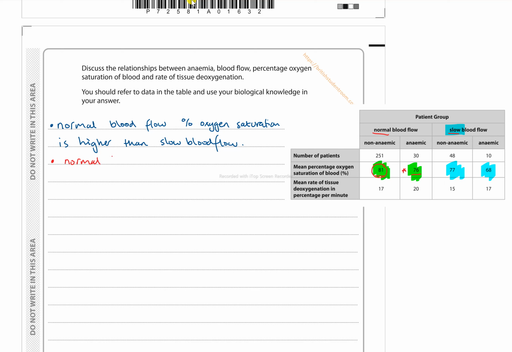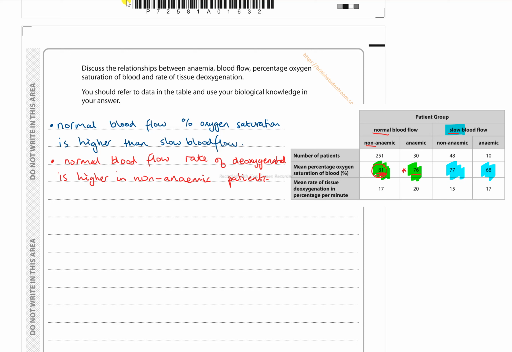Normal blood flow, normal blood flow rate of deoxygenation is higher in non-anemic patients.